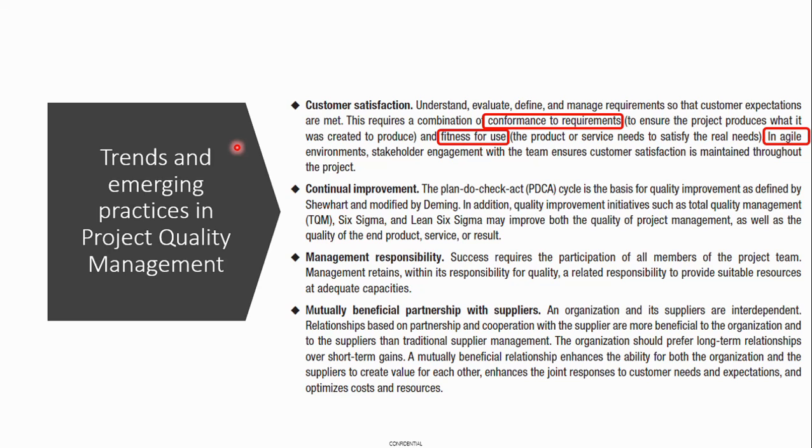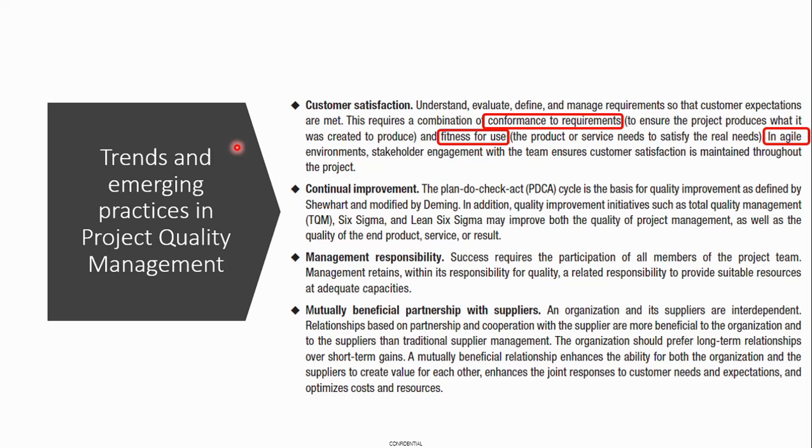So we learned in Agile, in the session about Agile project management, where the stakeholders are encouraged to get involved at each iteration level, so that the quality needs, or whatever the product needs of the customer, can be captured, and then customer satisfaction can be delivered.